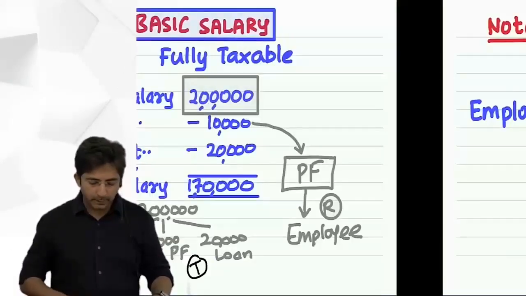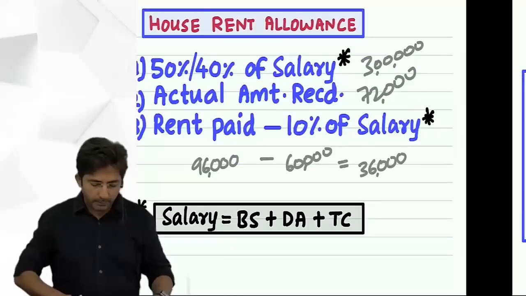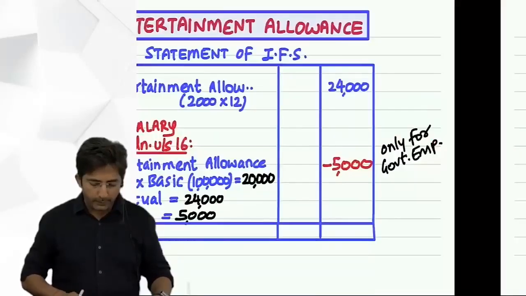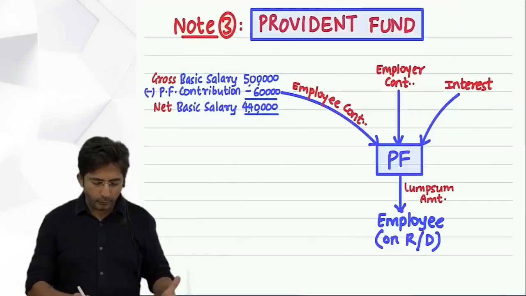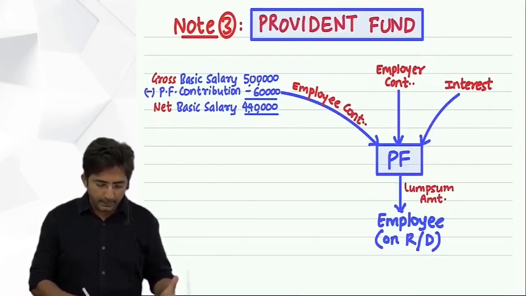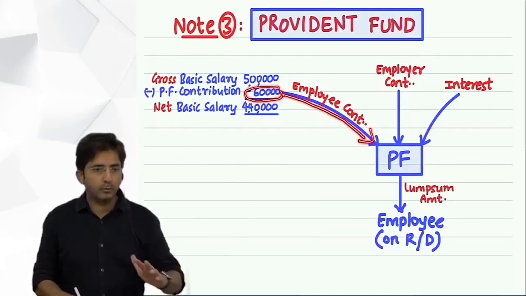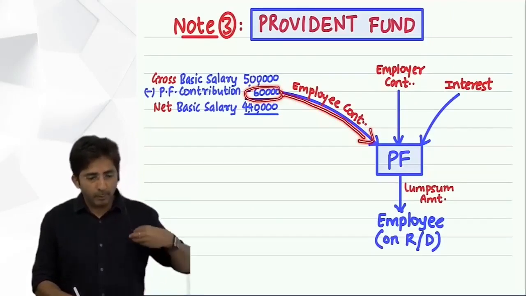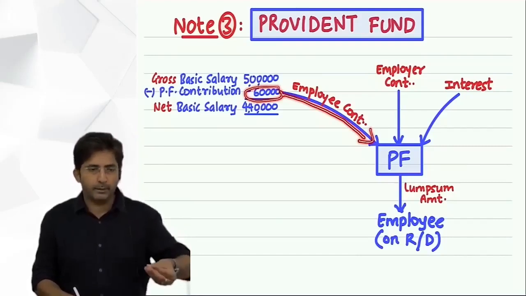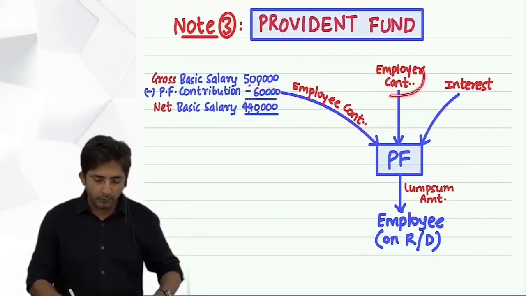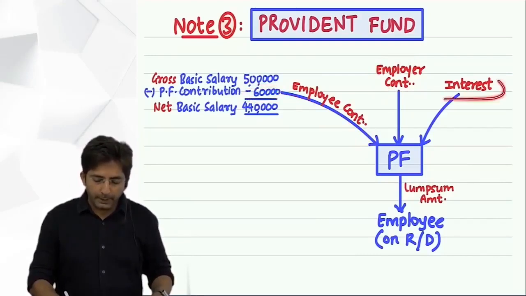So see here, last lecture I had explained how a Provident Fund operates. For that, this was a drawing. From your salary, some portion is deducted and set aside in Provident Fund, which is called employee's contribution, and that much amount the employer will also contribute from his pocket. That is called employer's contribution, and every year you will get interest on that.